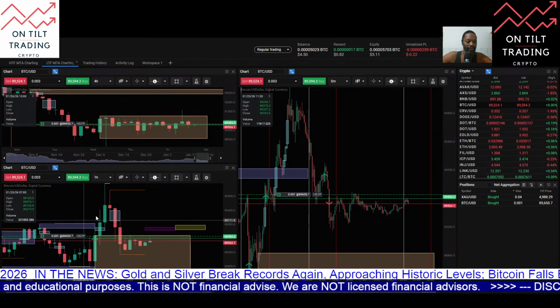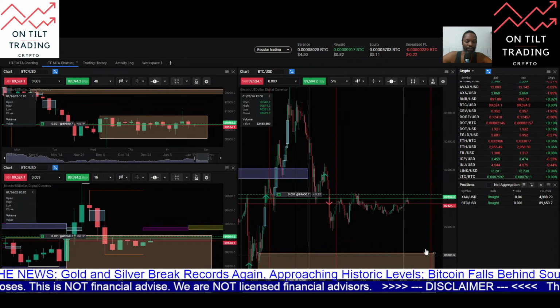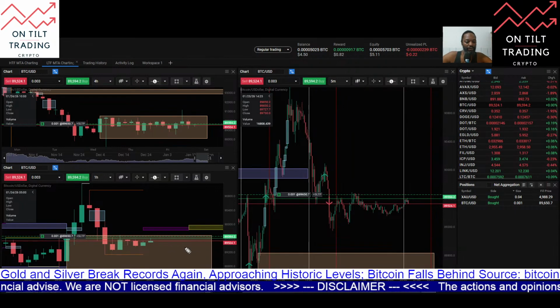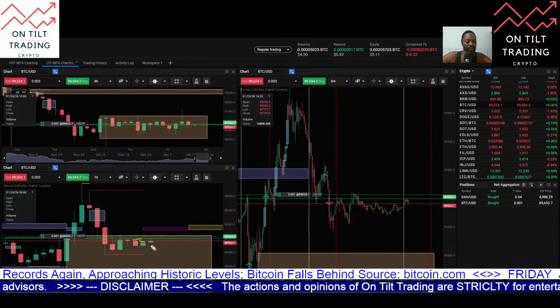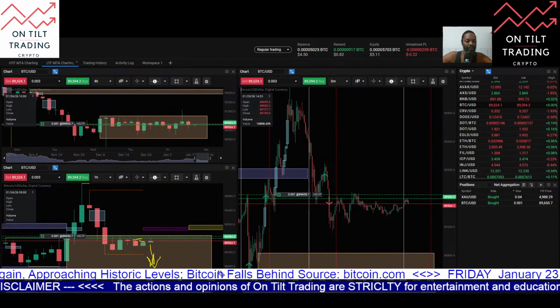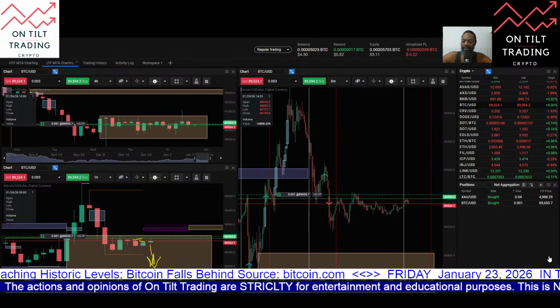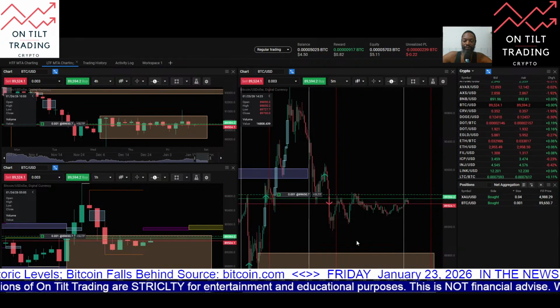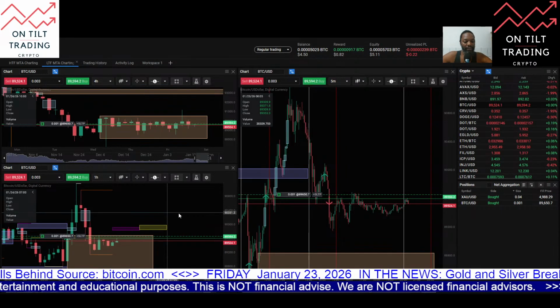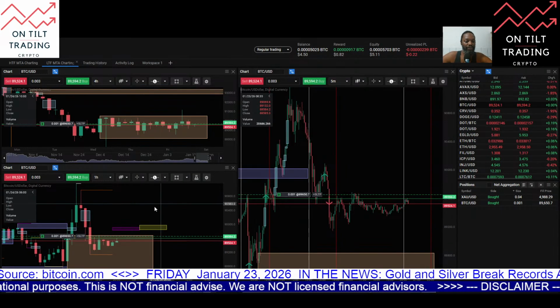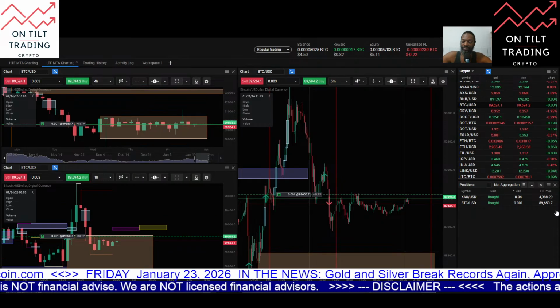If we look here on the 1-hour chart, it's already swept liquidity from the previous candles here, so price could deliver here to the sell side. But it is also the weekend. There's lower volume. It's the Asian session, so that can mean nothing could happen and price just basically consolidates or ranges.